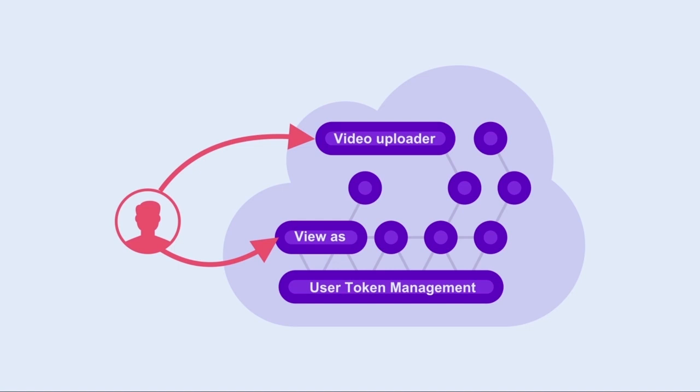It's the thing that is dealing with authentication at Facebook scale. The thing I would monitor, if I had to protect this, would probably be the view as function, because impersonating a user, even if it's supposed to be read-only, is something quite sensitive. Second thing, user token management. I think I would never have bothered to instrument the video uploader. You upload a video, that's okay.